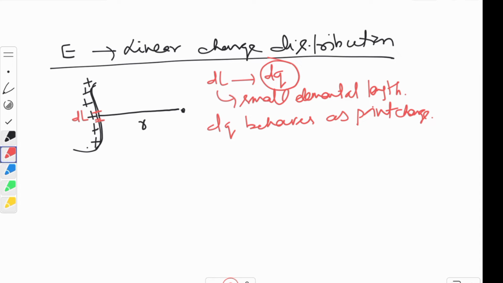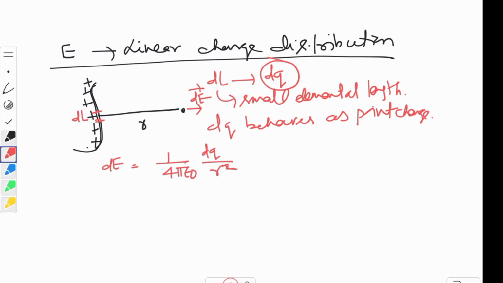Now your electric field will be in this direction, dE, due to this elemental charge dq. Children, now dE is equal to how much? 1 by 4 pi epsilon naught dq by r square. This is your electric field due to dq charge.